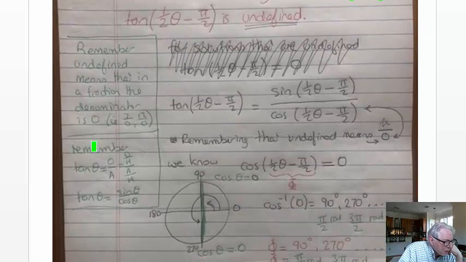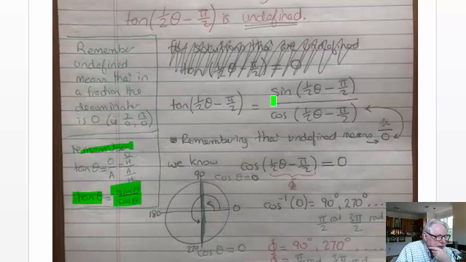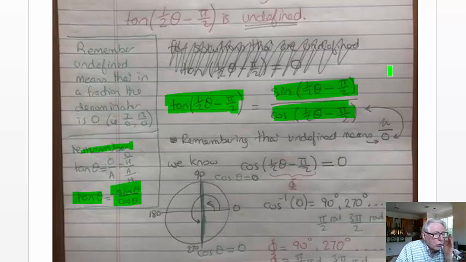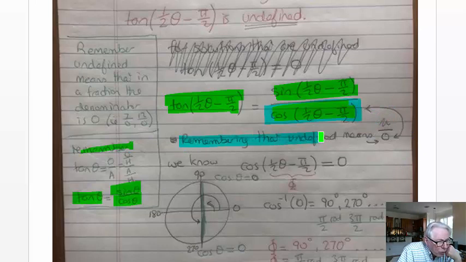If I remember that tan theta is equal to opposite over adjacent, which is opposite over hypotenuse over adjacent over hypotenuse, then tan theta equals sine theta over cosine theta. So tan whatever it is equal to sine whatever it is over cosine whatever it is. And for an undefined function, it's this bit at the bottom that has to be 0. The bit at the top can be whatever it likes, but the bit at the bottom has to be 0 to be undefined.